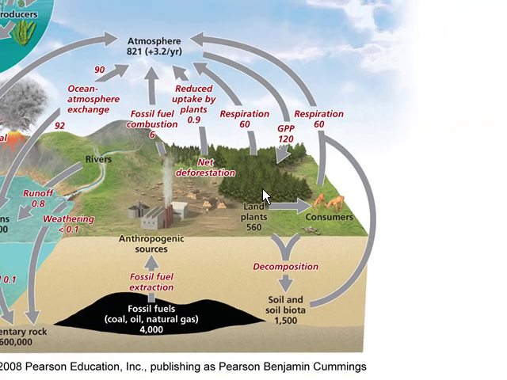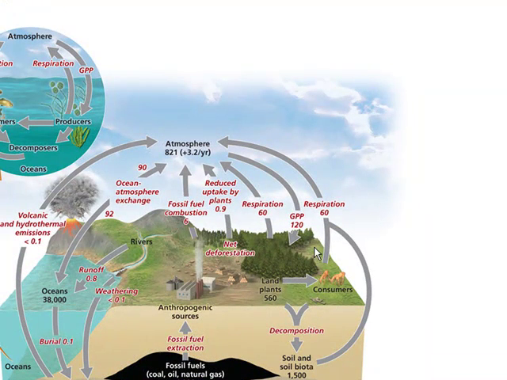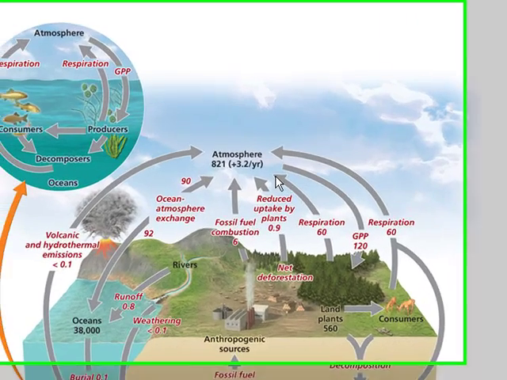The return of carbon from living things back to the atmosphere is via respiration, okay? So here's respiration from consumers, here's respiration from land plants. Remember, respiration is the taking of the glucose and breaking it down to get that potential energy between the bonds.